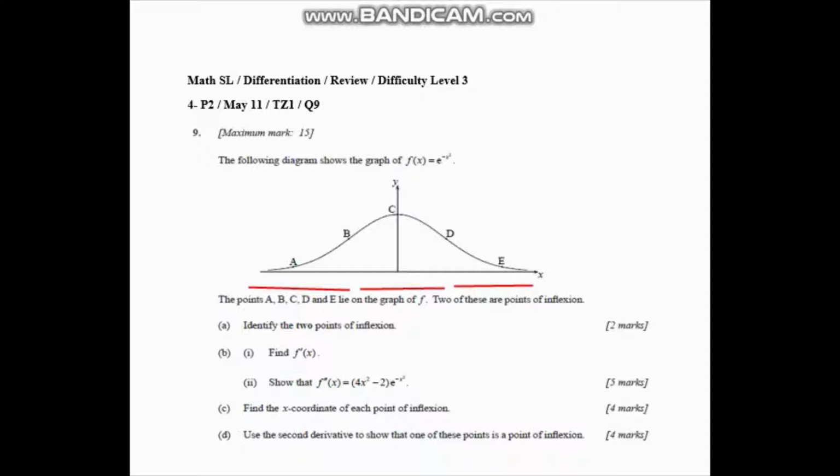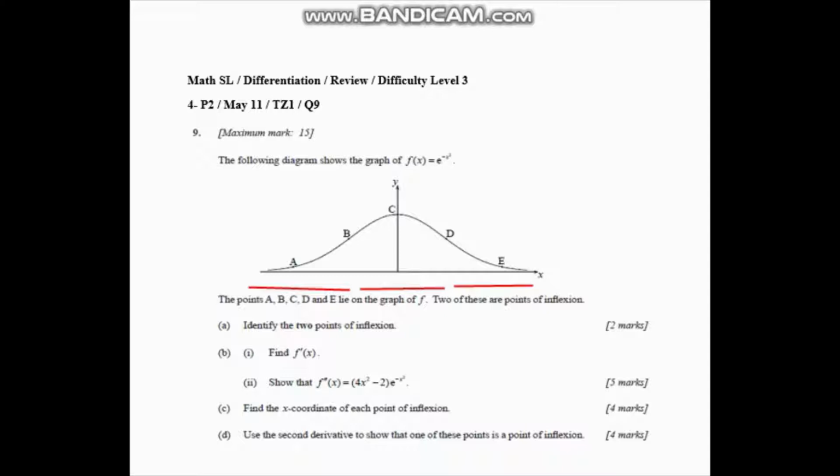So when the curve looks like a smile, this is what we call a positive concavity or an upwards concavity. So in these regions, f double dash is positive. Before B and after D, f double dash is positive. From B to D, this frown we call downwards concavity. And from B to D, we say that f double dash is negative.